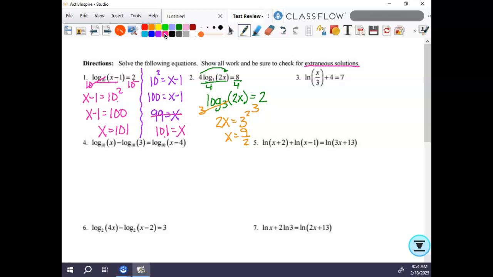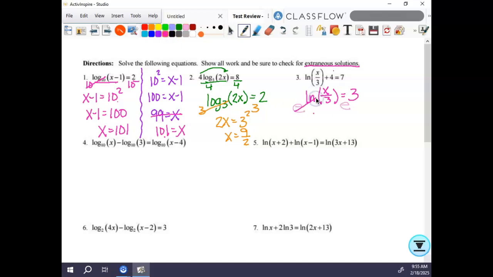All right, so here, before I do anything, I need to move that 4. So I have the natural log of x over 3 equals 3. Now I could split the log on the left, but I really don't want to do that. The base here is e, so I make e the base there.